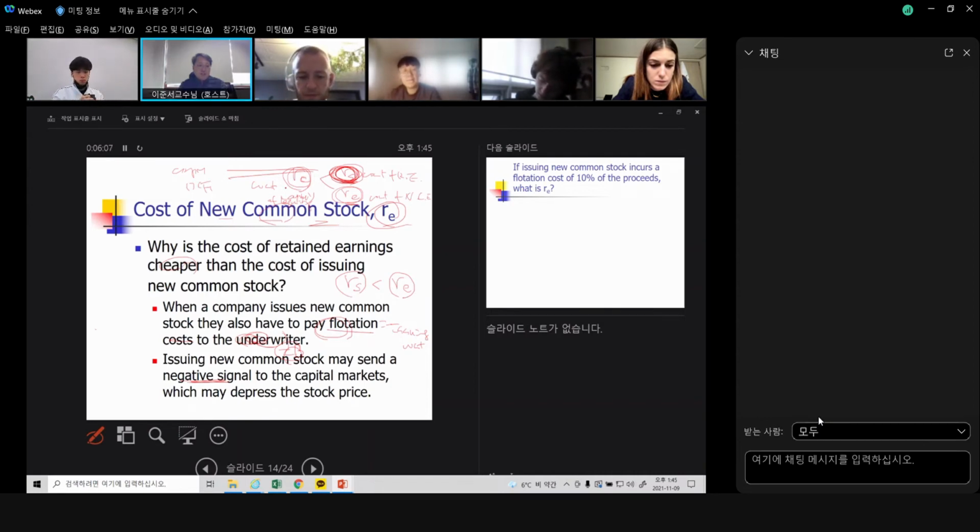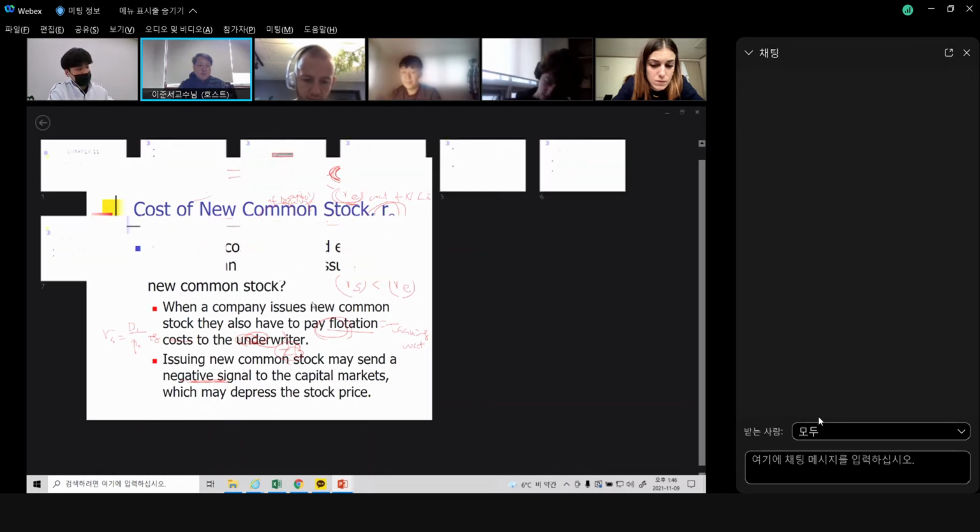Then RS can be calculated by D1 divided by P0 plus g, right? As we already figured out in the last class, here you go. RS equals D1 divided by P0 plus g.